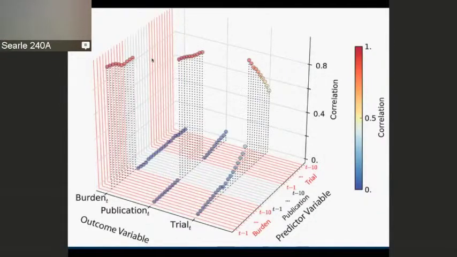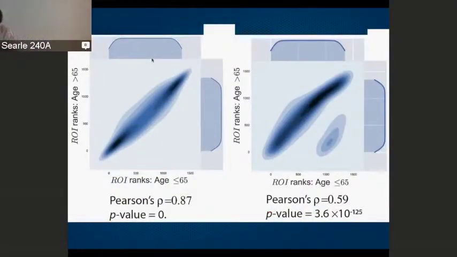So this is a 3D correlation plot. There's virtually no correlation between burden and publication. And in fact, for certain populations, it turns out there's no correlation for those who are over 65. It's slightly negative for those who are 65 and under. And so this is just the relative distribution of the relative ranks of age and disease.